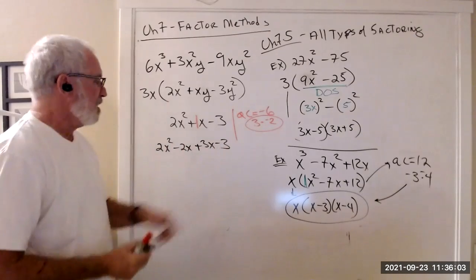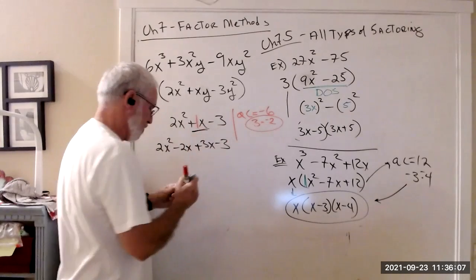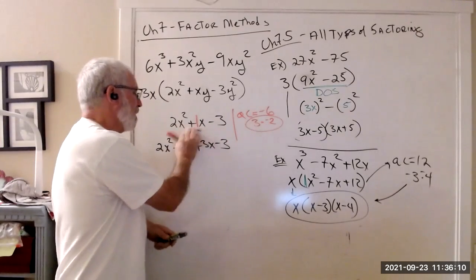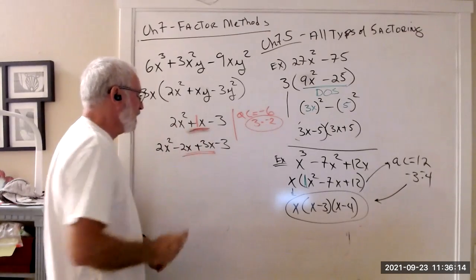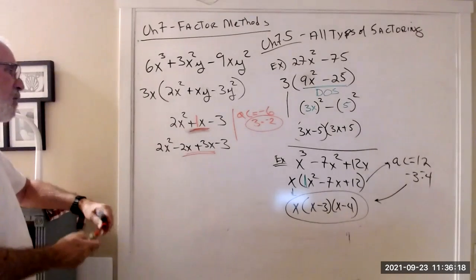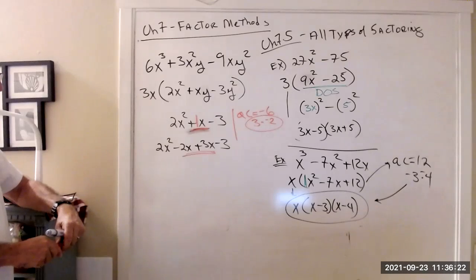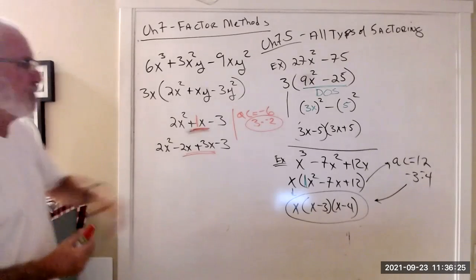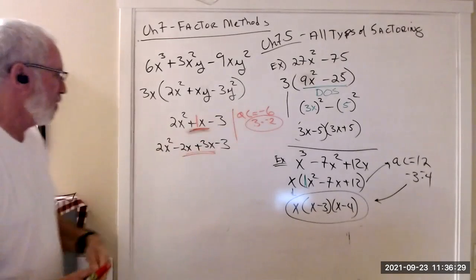I'm still using the 3 and the -2 to make a 1x. I can just put them down in any order I want. You don't have to put them down in the order you wrote them in. You can flip-flop them all you want.